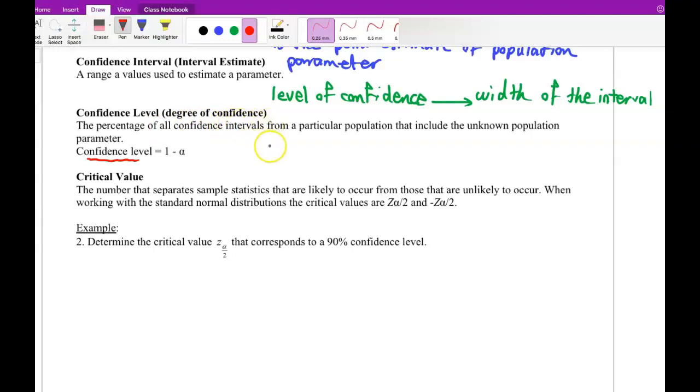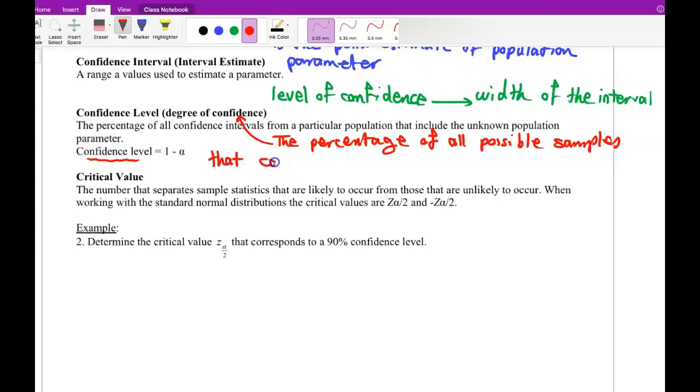What that means is the percentage of all possible samples that can be expected to include the true population parameter.